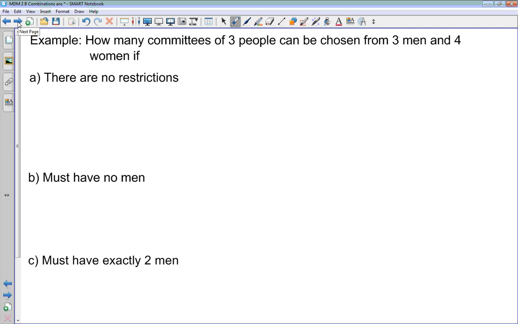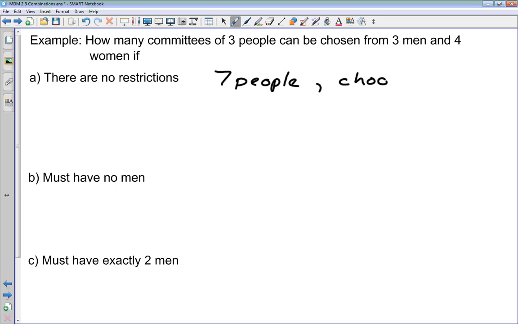How many committees of 3 people can be chosen from 3 men and 4 women if, well, first one here, there are no restrictions. So we want to make a committee consisting of 3 people. How many total people do we have to choose from? Well, in this first question, we have 7 people to choose from. How many of them do we want to choose?